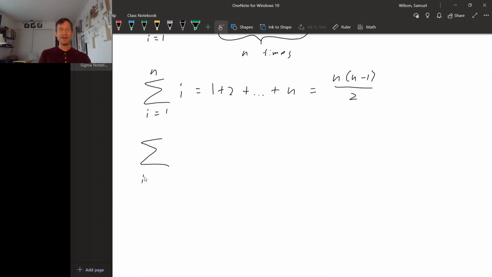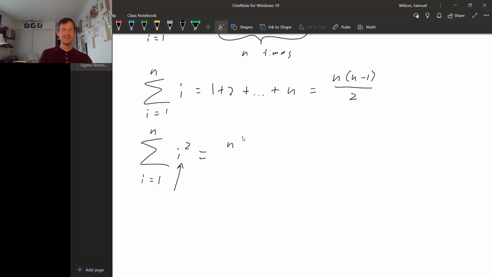The last one that I'm going to write down is the sum from i equals 1 to n of i squared. Now, in fact, there's a nice formula like this for any exponent in here, well, for any positive integer exponent in here, but we're only going to go up to the squared one. The formula for the sum from i equals 1 to n of i squared turns out to be a little more crazy.